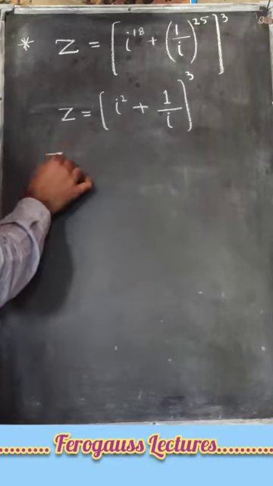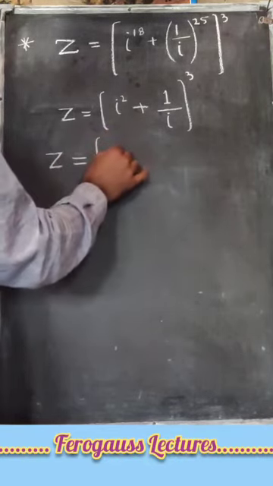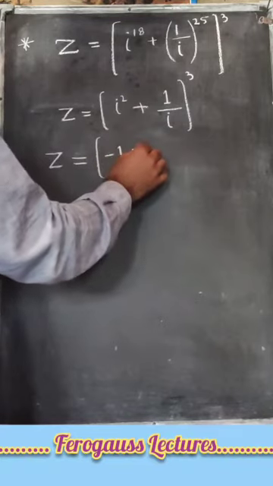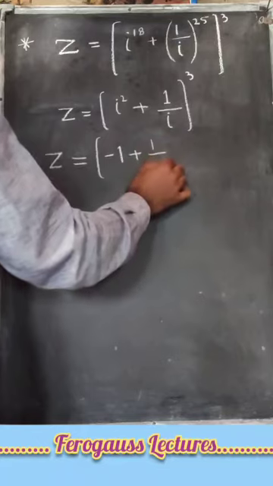Or z equal to, iota square is equal to minus 1, plus, it is 1 by iota.